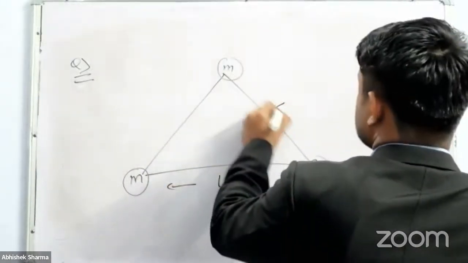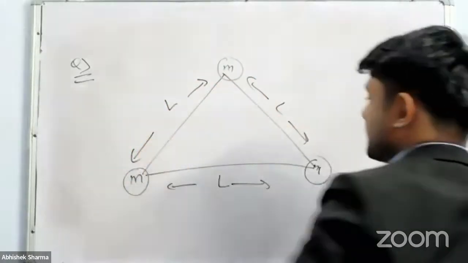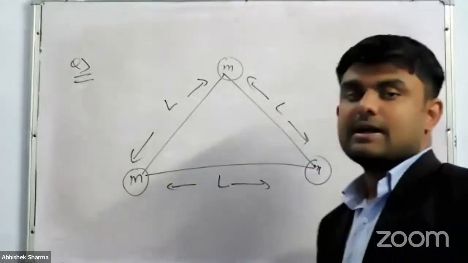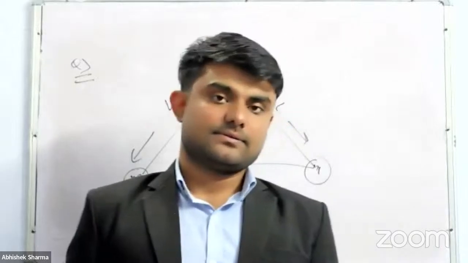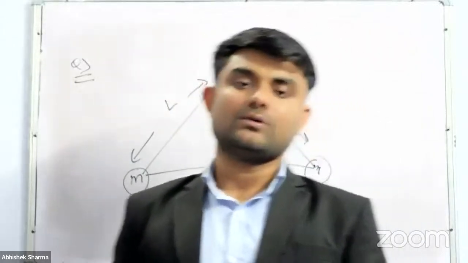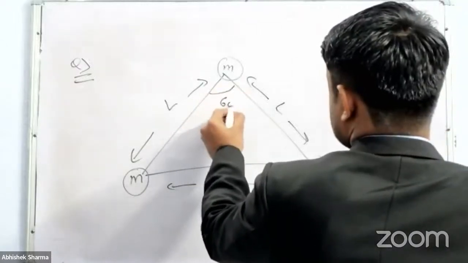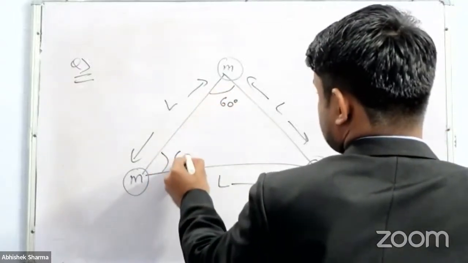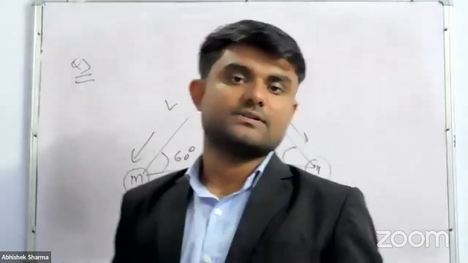As per the properties of an equilateral triangle, all the angles at the vertices are 60 degrees.